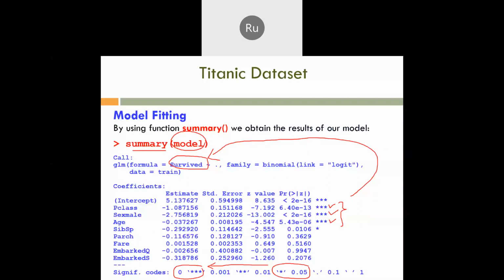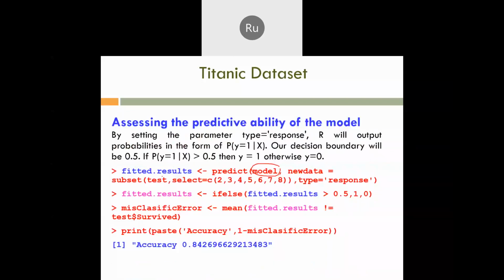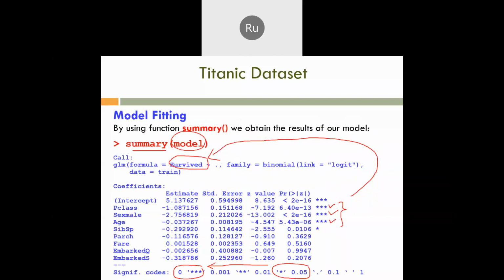So we use the model to predict the test data set that we have, but we only include this one, not including the survival. Okay. So we have one here, but we remove them. So we only take 2, 3, 4, 5, 6, 7, and 8. Because we look at the test data set.